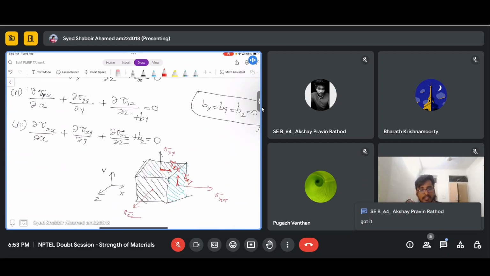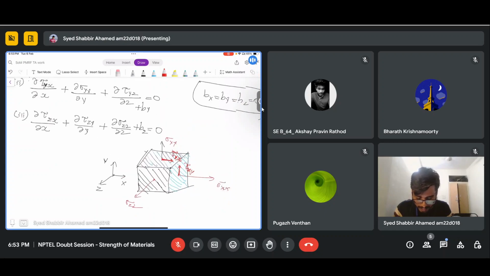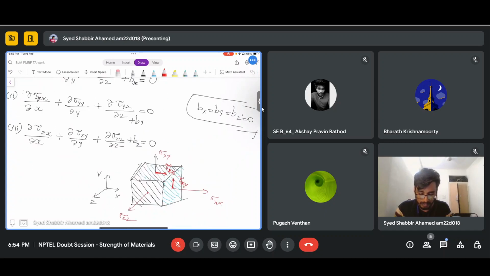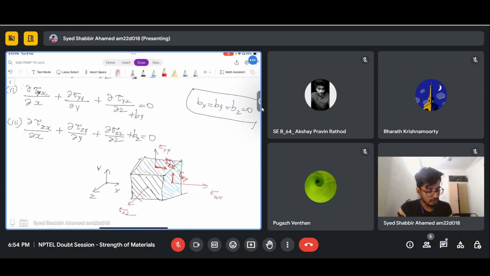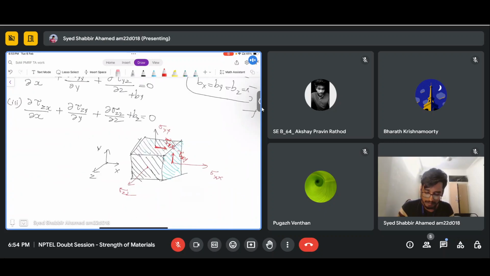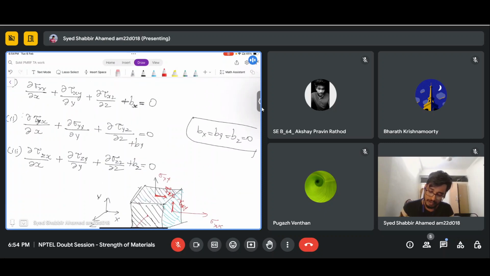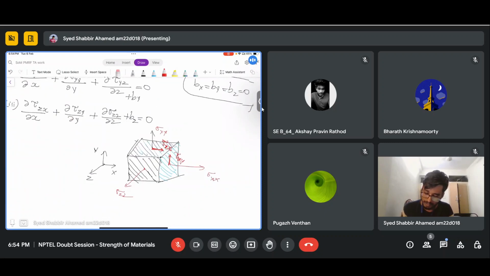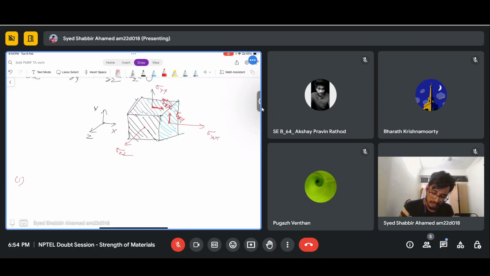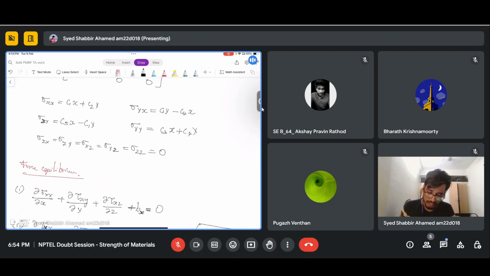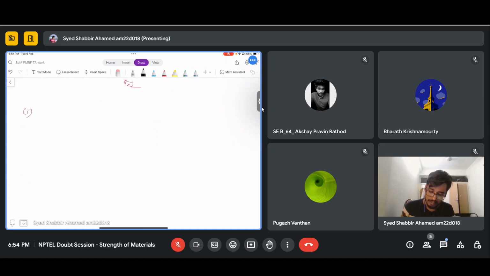In other problems where it is not required, you can simply write x, y, or y, z interchangeably. So we got the three equations. Now we have to substitute the components we have been given. We have to substitute sigma xx, so ∂σxx/∂x. If you get it, we'll get C1.